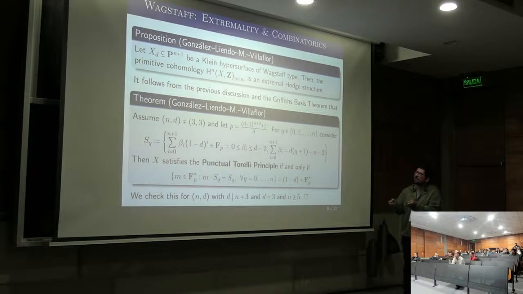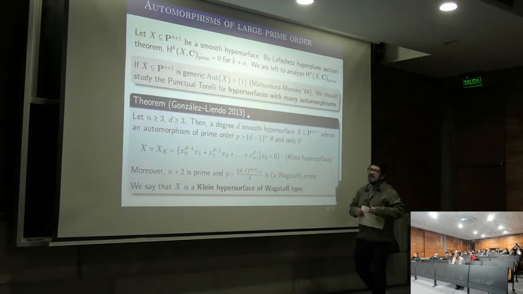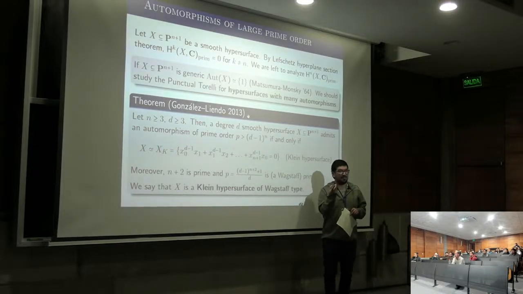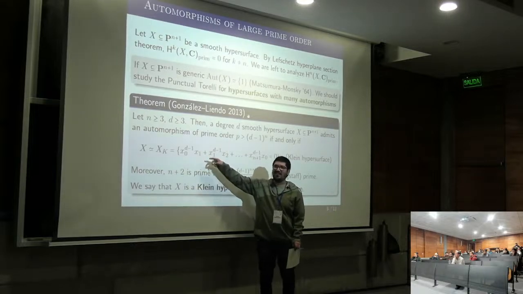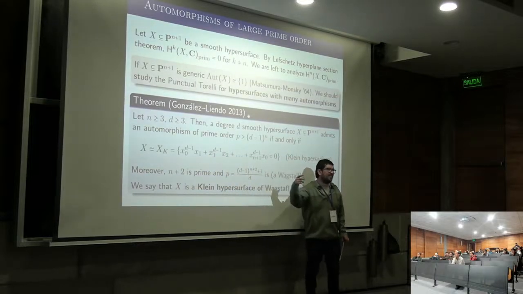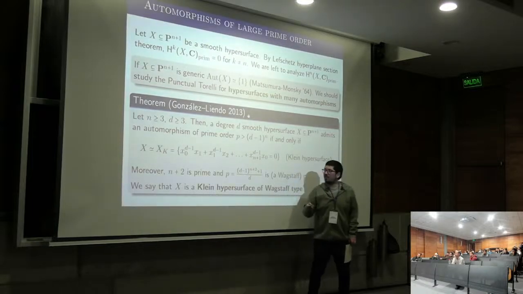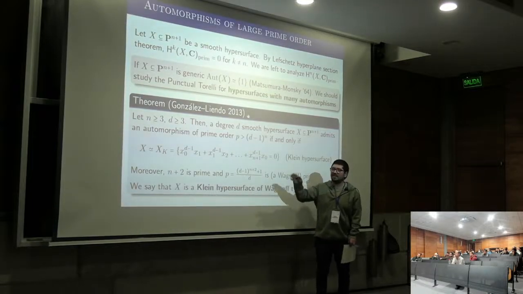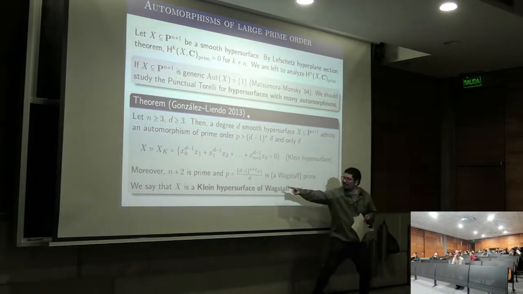Let me show you the shape of the hypersurface here. The first one is kind of obvious, it's just changing the variables, the cyclic permutation. And there is another one that you can actually compute, which is the diagonal automorphism. And you can compute the order, and actually it's this.